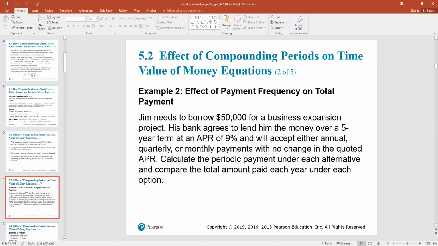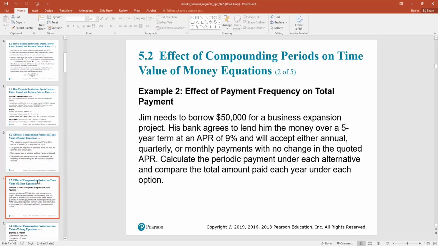Okay. Jim needs to borrow 50,000 for a business expansion project. His bank agrees to lend him the money over a 5-year term at an APR of 9%. It will accept either annual, quarterly, or monthly payments with no change in the quoted APR. Calculate the periodic payments under each alternative and compare the total amount paid under each option.